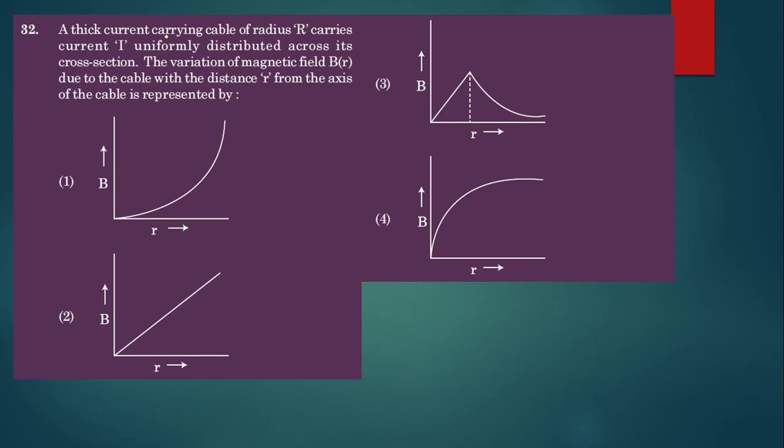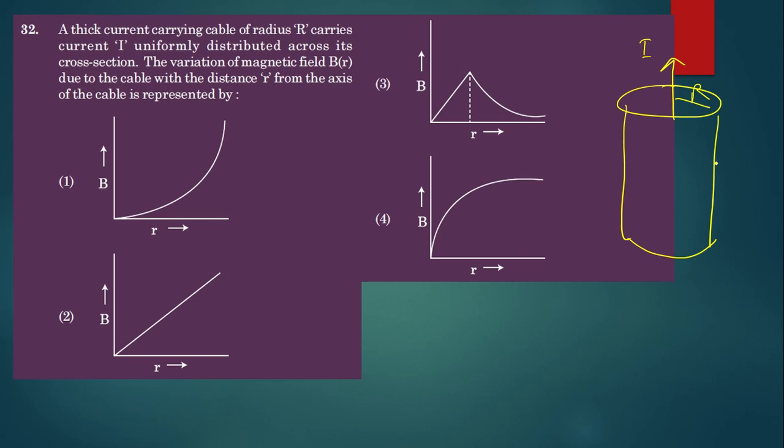Here a thick current carrying cable of radius R and carrying current I is given. It's like this. Suppose this is the thick cable which carries current I, and the radius is R. Now we all know that whenever a conductor carries some current, it produces a magnetic field.